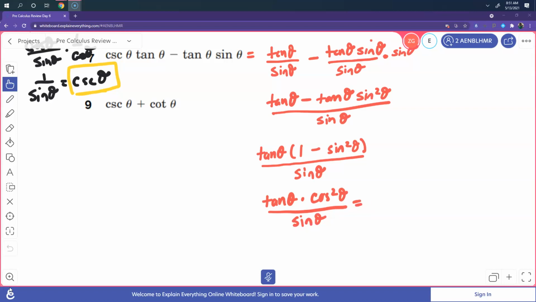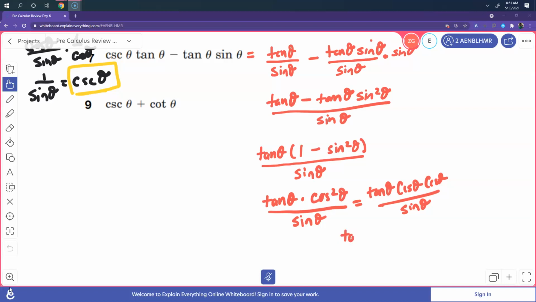I'm going to separate the cosine squared theta. I'm going to say tangent theta, cosine theta over sine theta. So I'm going to separate this.